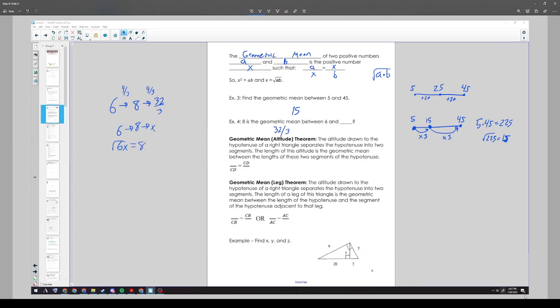So then I would need to square both sides to get rid of this square root. I would get 6x equals 64. And then I would take the 6 and divide it. We get x equals, and then we have 32/3 again. So same answer. Different way of arriving at it.